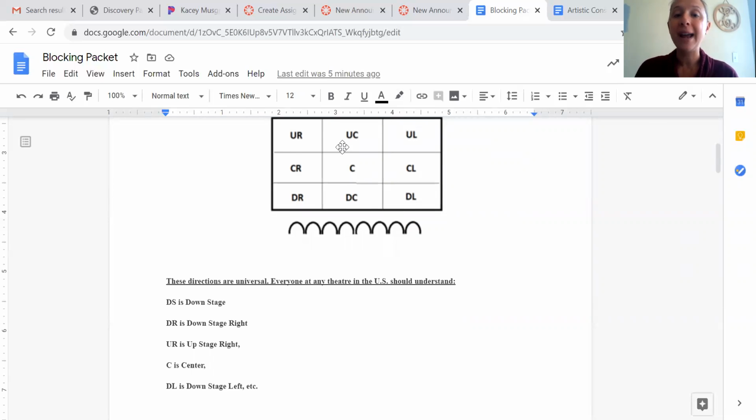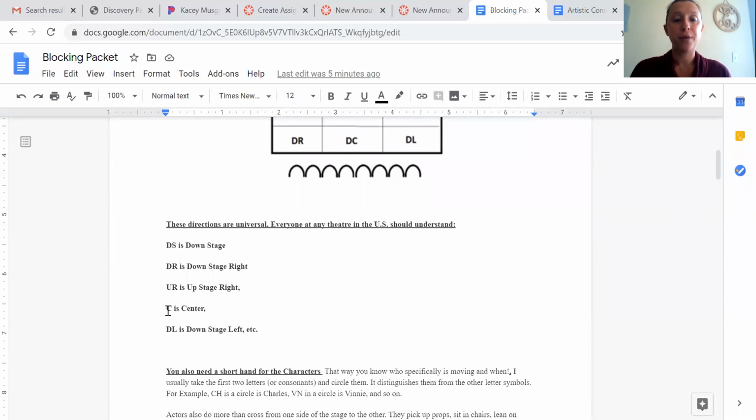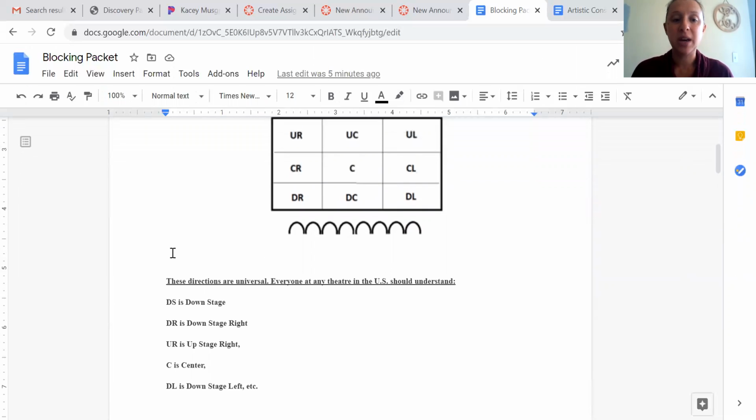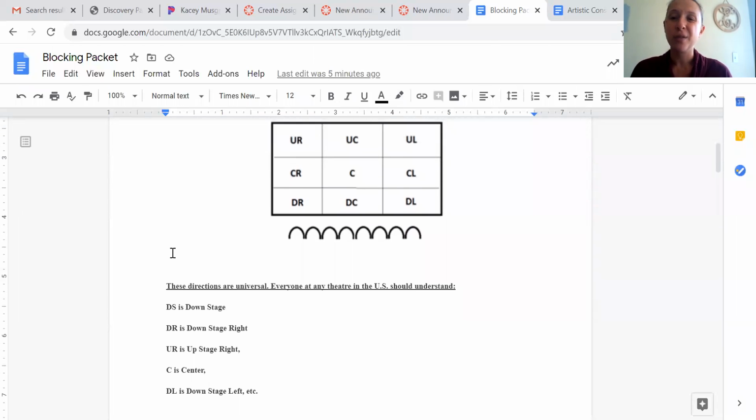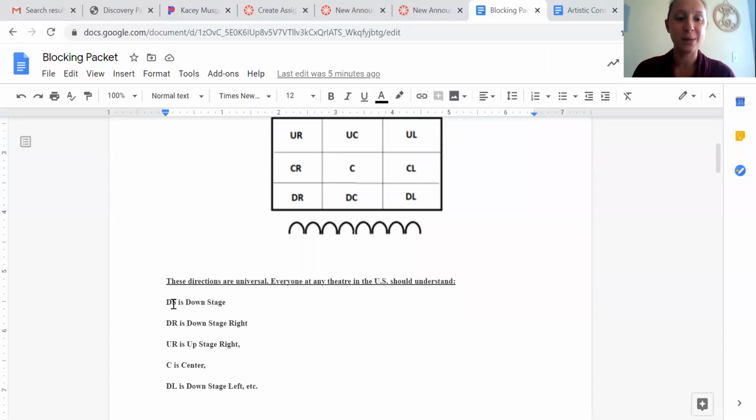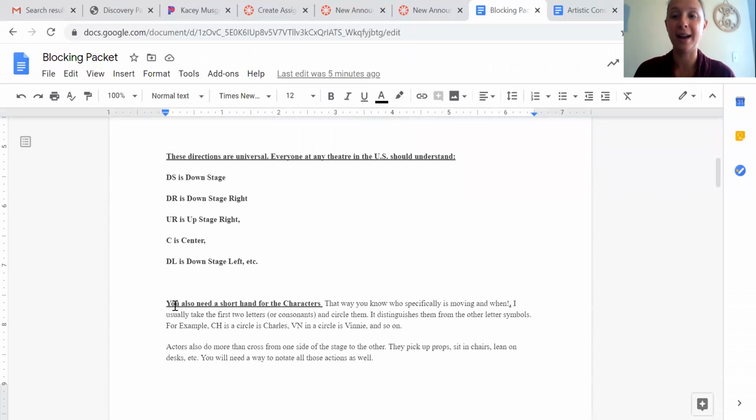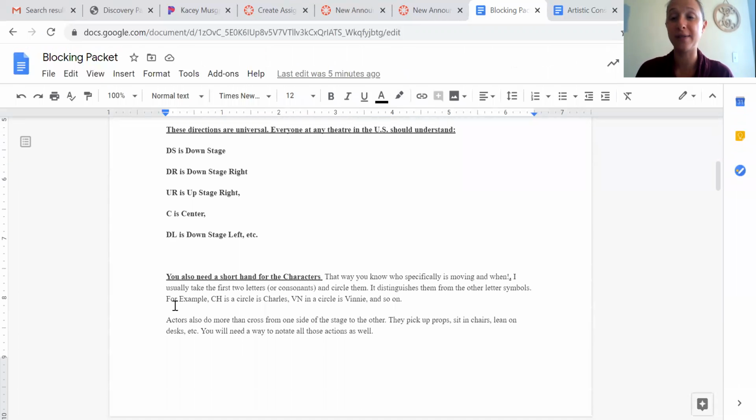You see up right, up center, and I actually wrote them all down for you over here. The reason we do this is that it can get frustrating and messy to write out the whole term. So we're kind of lazy in that sense, we just shorten it. I highly recommend it, especially if you have a scene with a lot of blocking, a lot of movement.